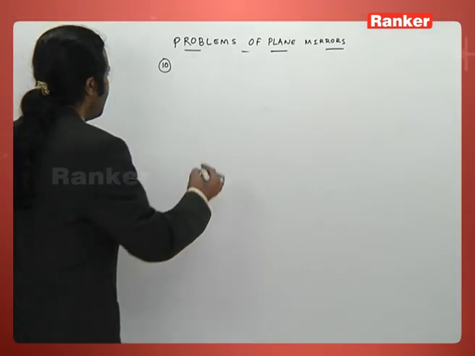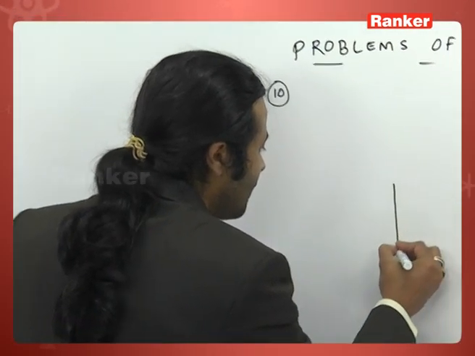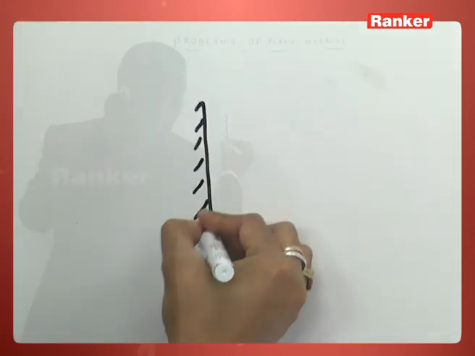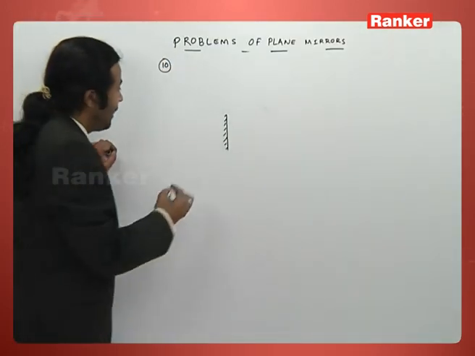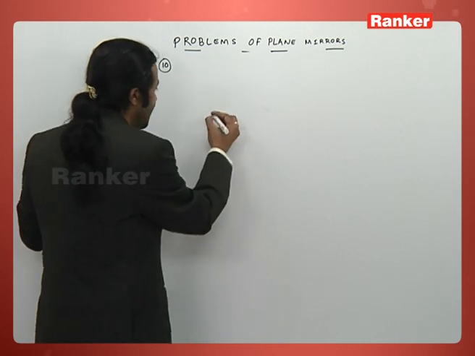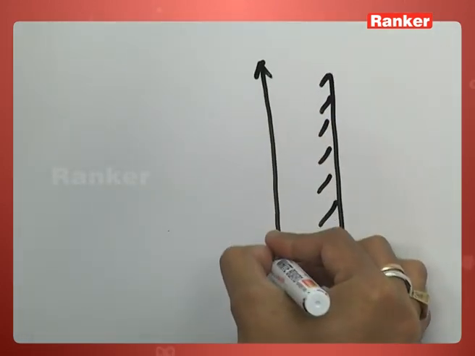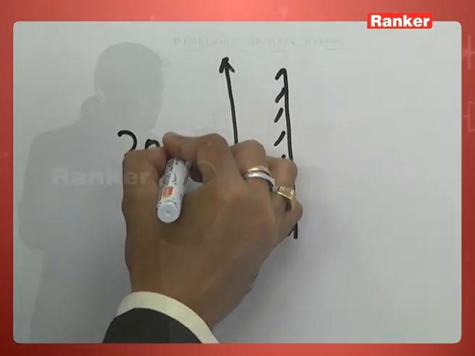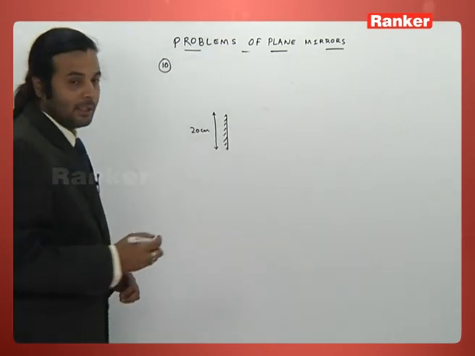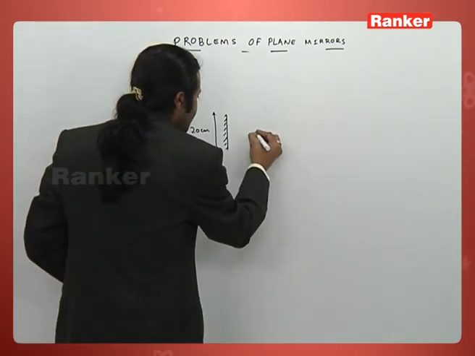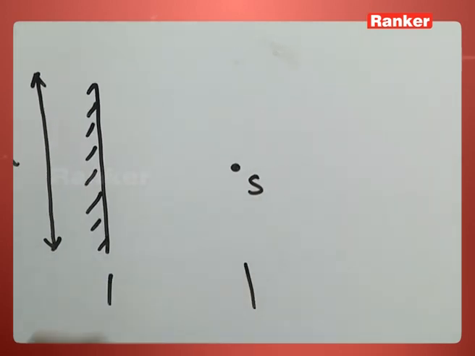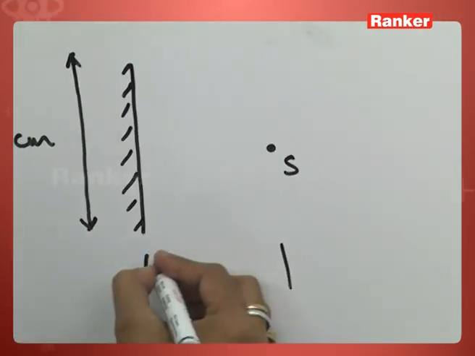That means this is a mirror. The length of the mirror is given as 20 centimeter. There is a source S which is at a distance of 10 centimeter.